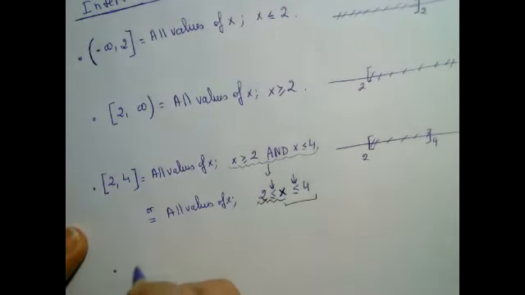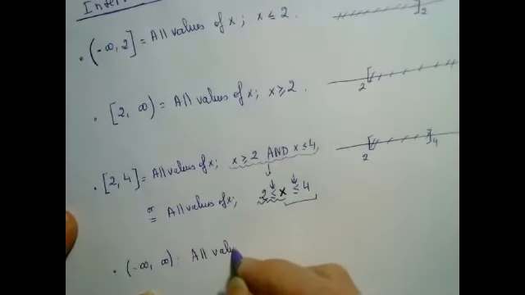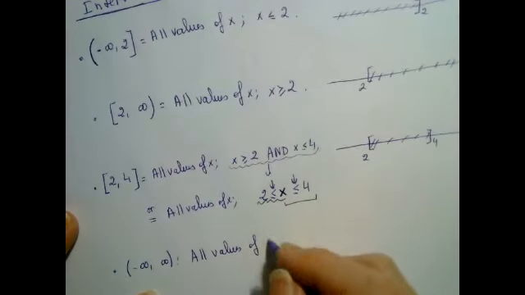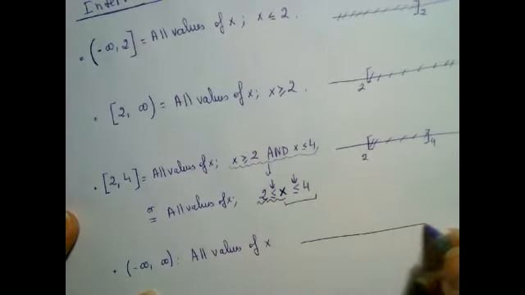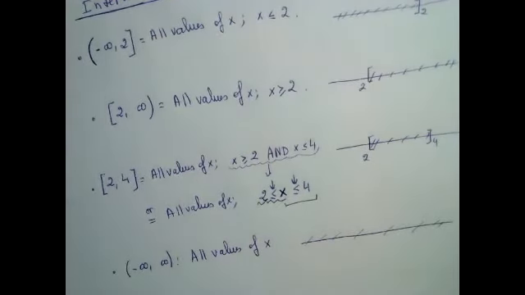Finally, sometimes you'll see this notation. This represents all values of x. It means anything, 1, 1/2, square root of 2, you name it, all values of numbers. So it means everything on the number line. These are the interval notations that we may encounter.